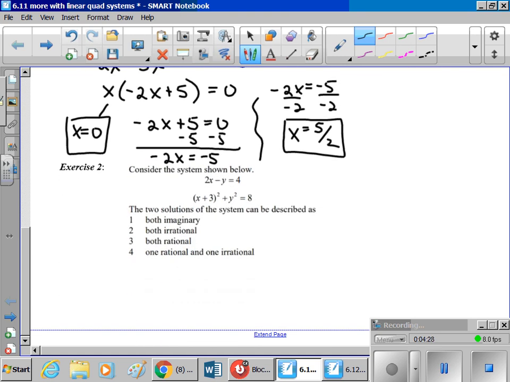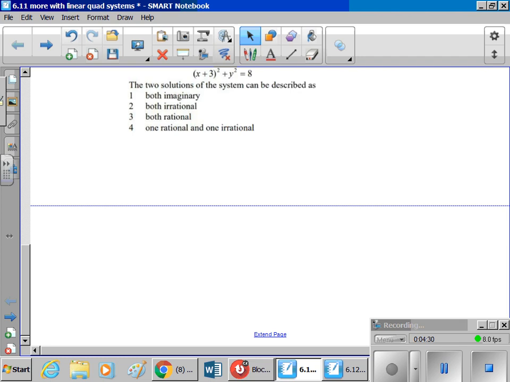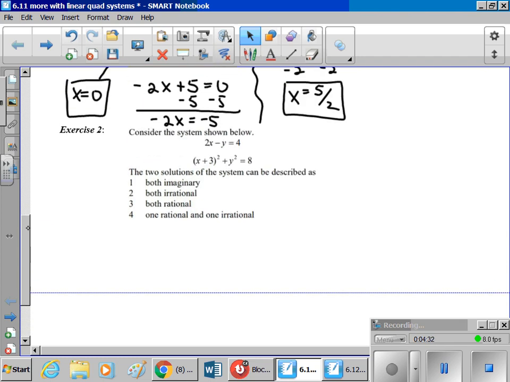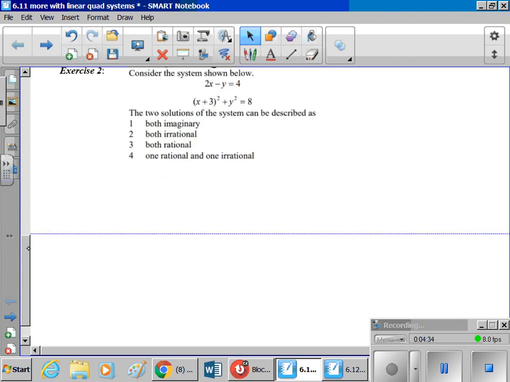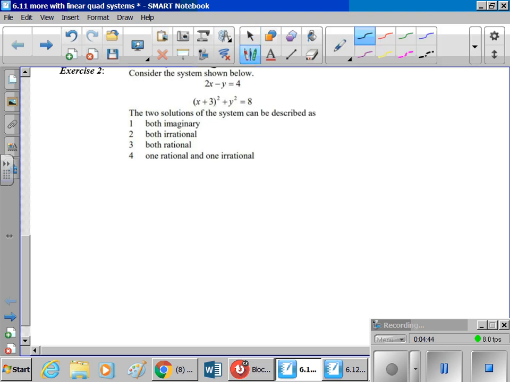So exercise 2, let's bring it up where we can make sense of it. Consider the system below. Oh, this is interesting. We haven't talked a lot about circles, but circles have the equation x squared plus y squared is equal to r squared.